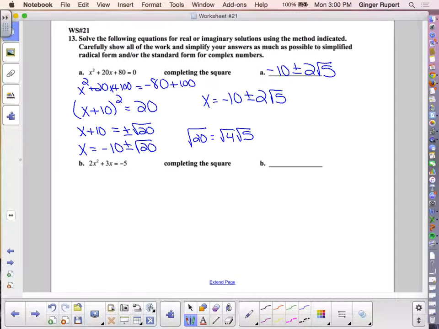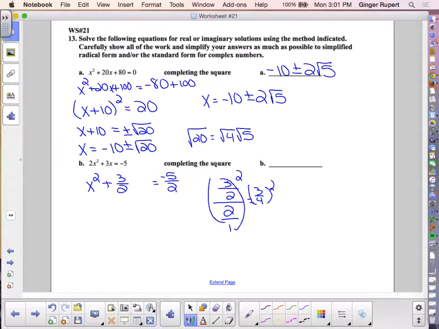13B, we have a leading coefficient that's not 1, so we have to divide all of those terms by 2. Then I'm going to take b divided by 2. You can put that in your calculator if you want to, and you will get that that is 3/4 squared.